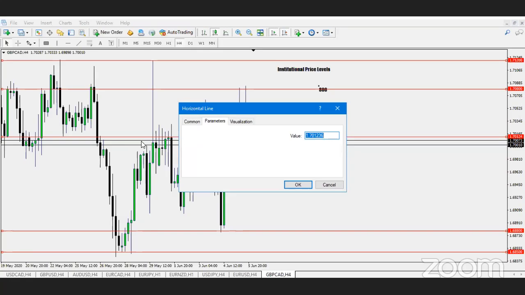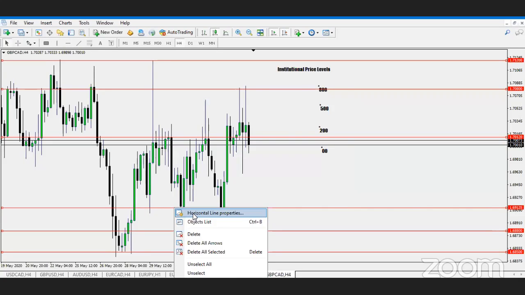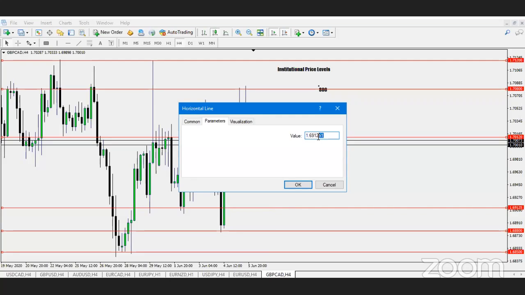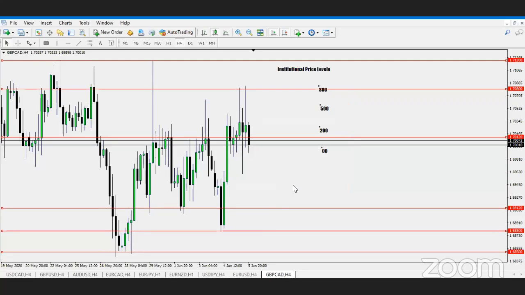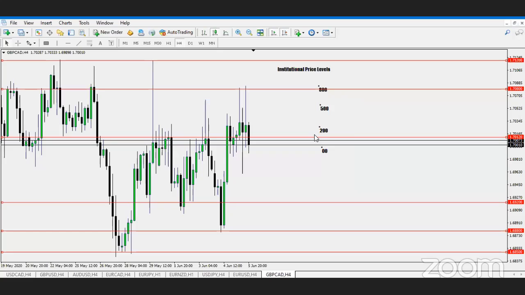I'm just looking at where you would see rejection or support, as retail would call it. There's nothing fancy about doing this. It's very straightforward. Anyone can do it, even on your phone. You could call it an indicator.